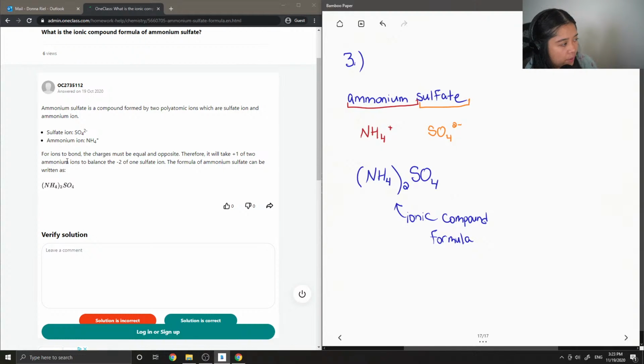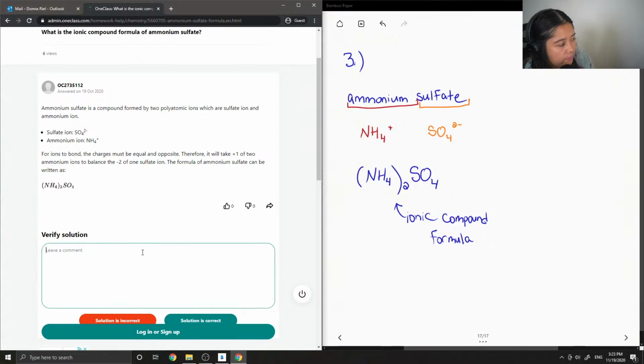For ions to bond, the charges must be equal and opposite. Therefore, it will take +1 of 2 ammonium ions to balance the -2 of 1 sulfate ion. The formula for ammonium sulfate can be written as (NH4)2SO4. Yep, so this solution is correct.